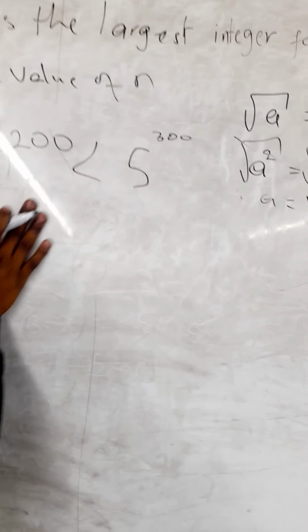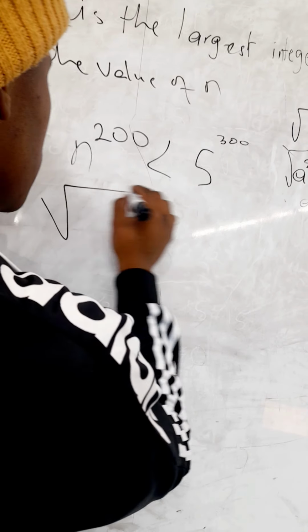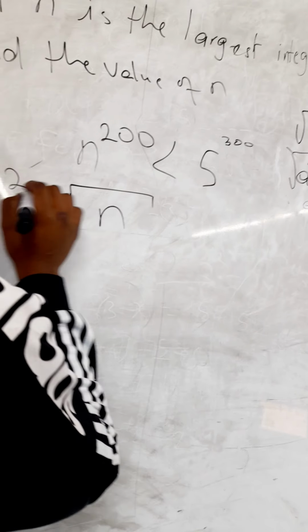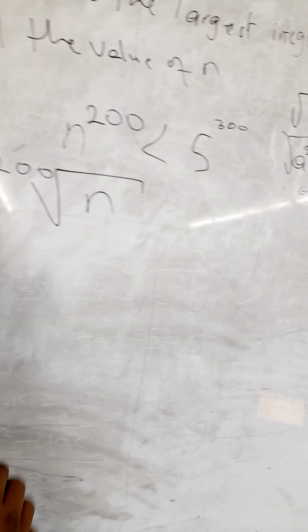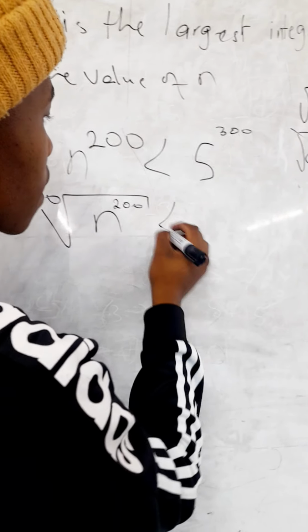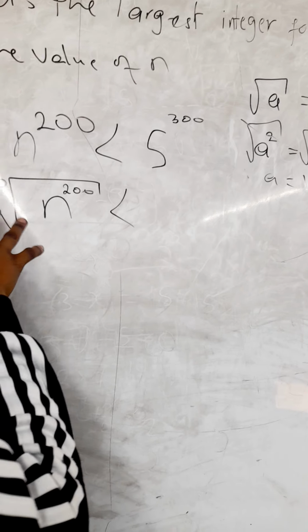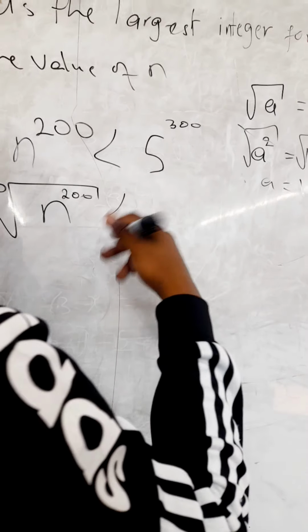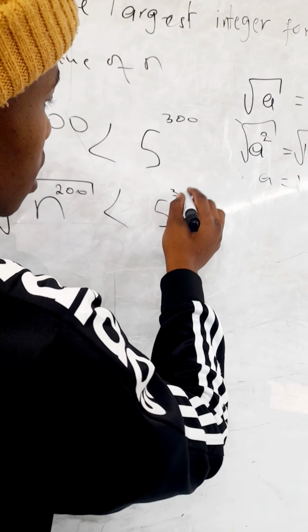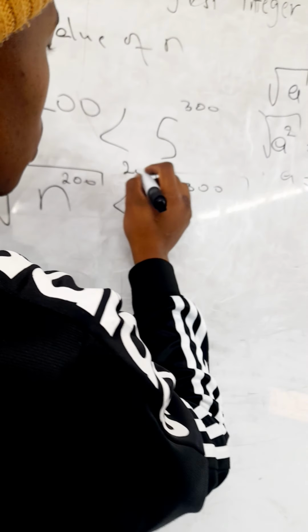You just have to apply the 200th root. If you use the root of 200 on the left, you have to also use the root of 200 on the right, 5 to the 300 root of 200.